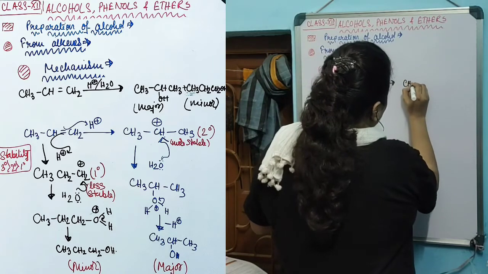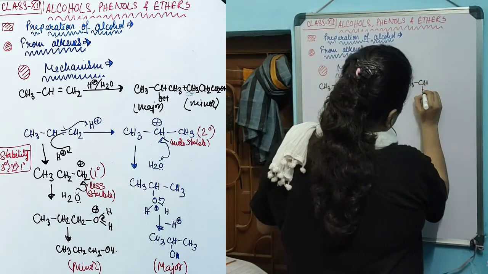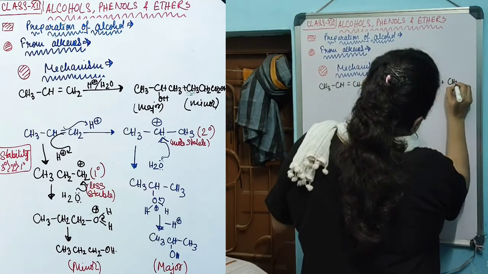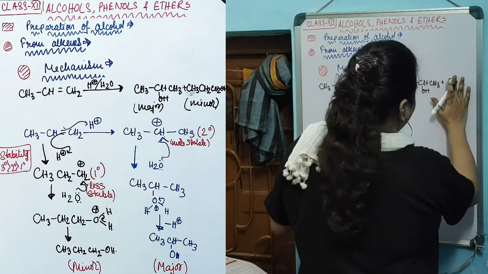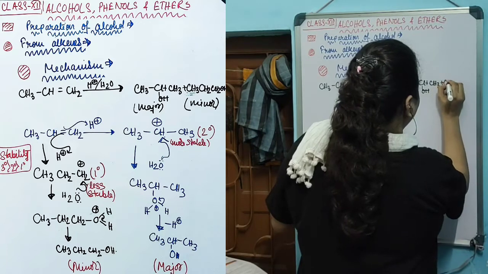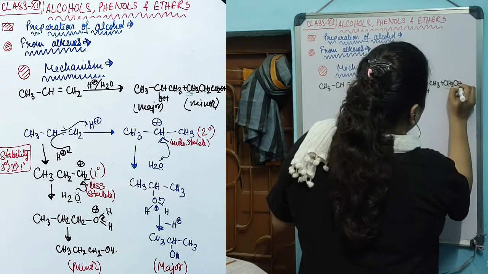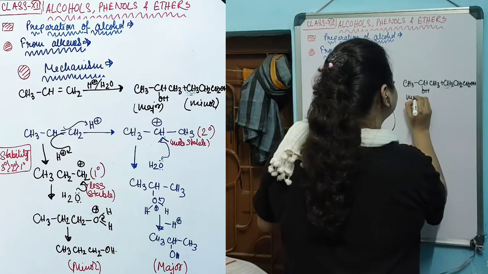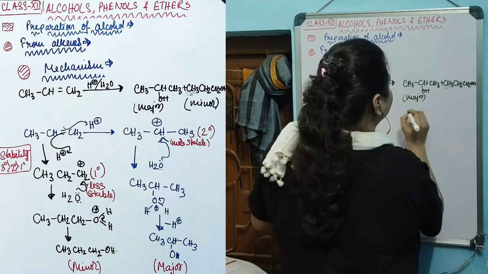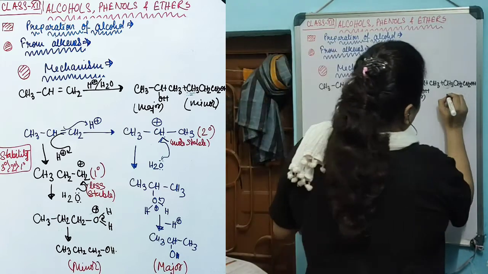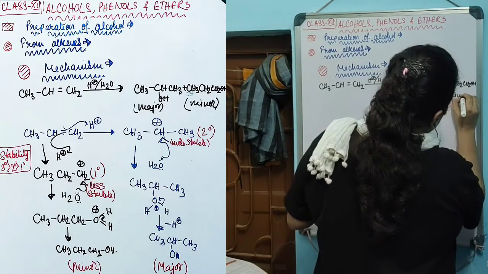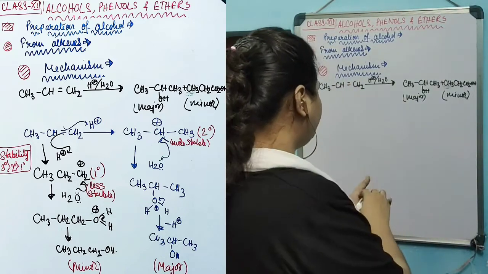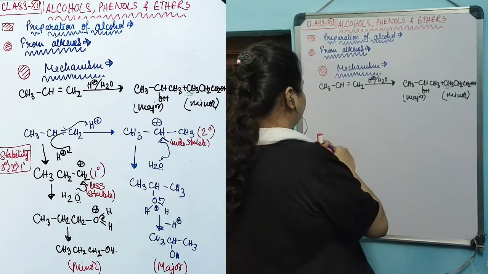A mixture of products was formed, in which this one was the major product, with OH on the middle carbon, and OH on the terminal carbon was the minor amount. Now let's see how mechanistically this is formed.